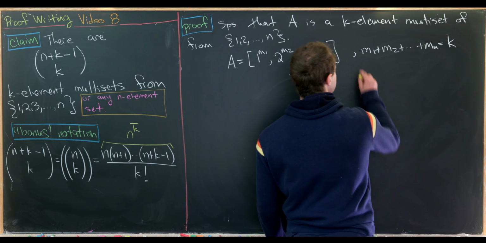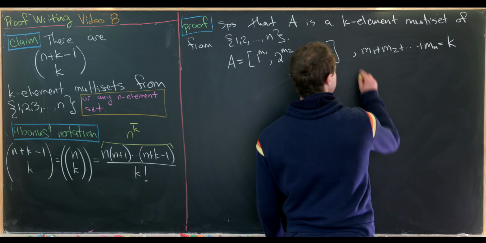Okay, so let's look at a generalization of this example. Let's look for all non-negative integer solutions to x1 plus x2 plus x3 up to xn equals k. So this is the same sort of idea. Let's say that we have a solution, and our solution is xi equals mi.